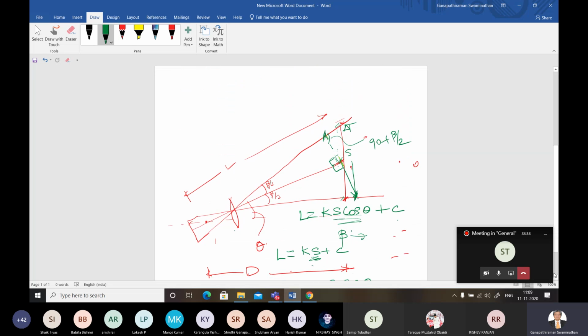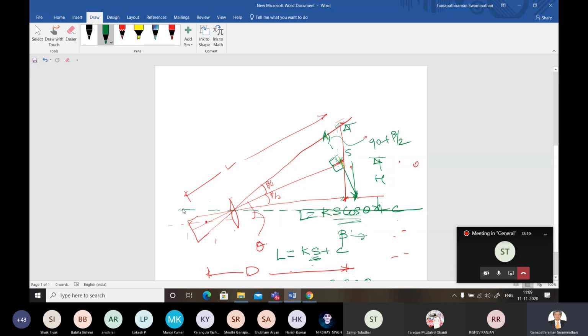Now I just wanted to find out what is H. This is H. How will you find out H? What is this green line? The dotted line.